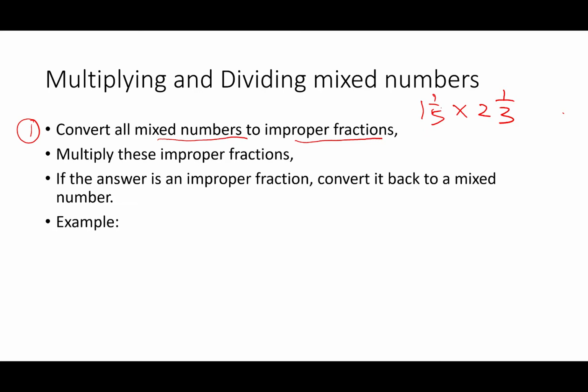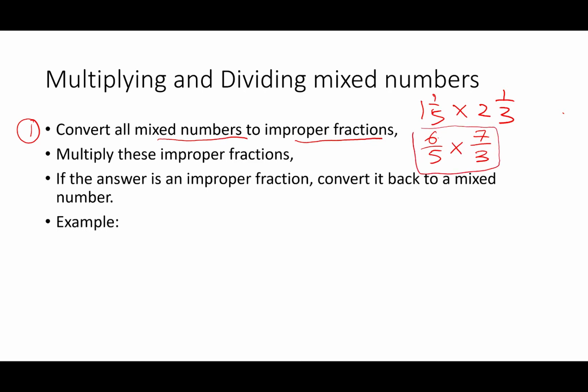So 1 and 1 over 5 gives us 6 over 5, multiplied by 7 over 3.